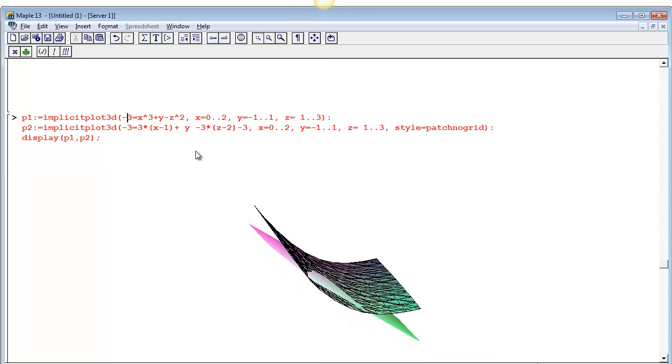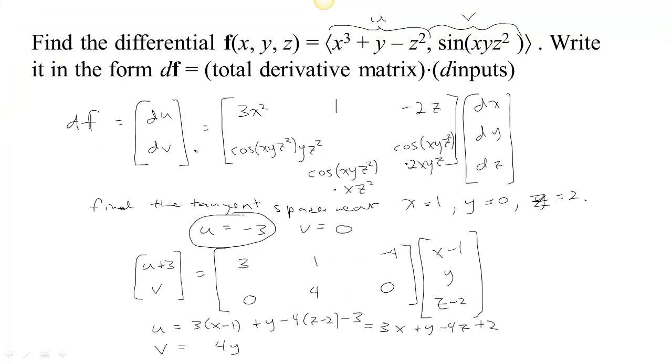We have our nonlinear function, so we're looking at the level set where u is negative 3: negative 3 equals x cubed plus y minus z squared. And I've chosen ranges that will include our values. And I had our linearization written in a nicer way: 3x plus y minus 4z plus 2.